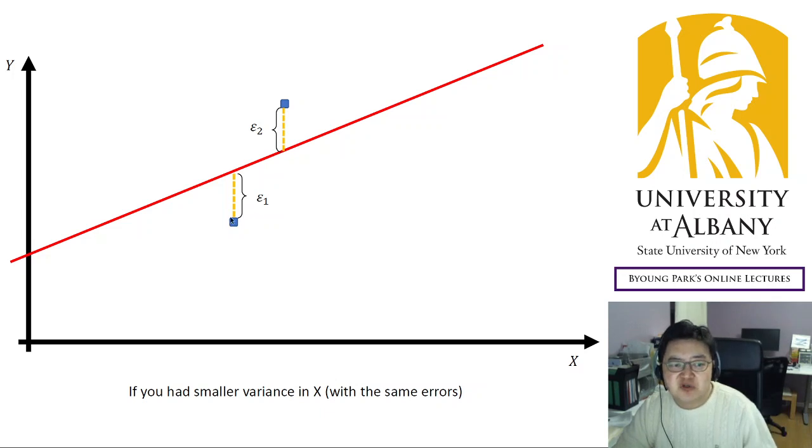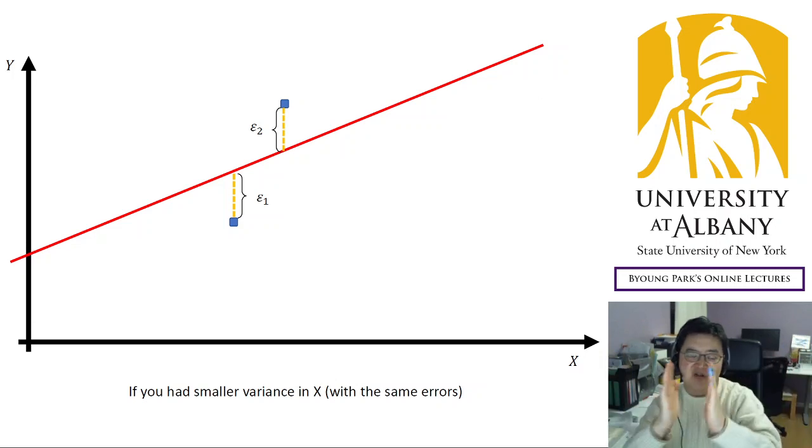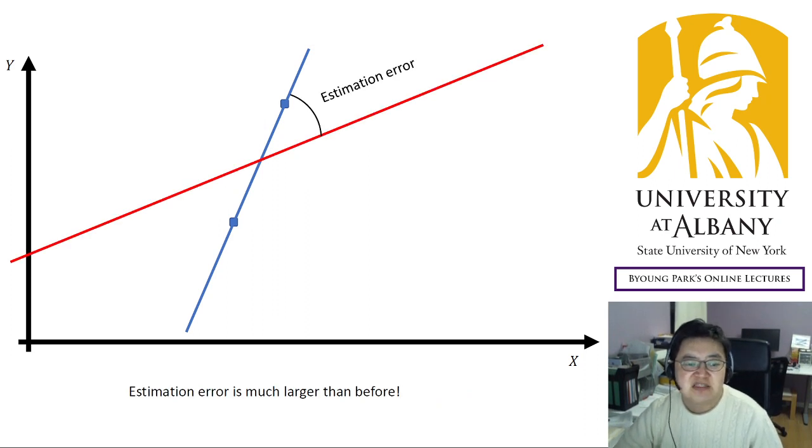The first observation is negative, to the same degree as in the previous example, and the second observation is positive and exactly the same magnitude. The only difference is that the x values moved closer to each other, and then your estimated slope is like this, and the estimation error is much larger, right?